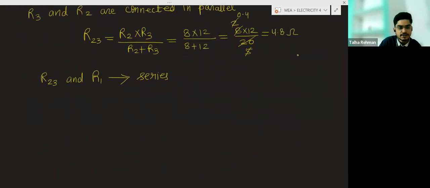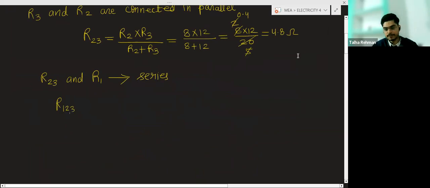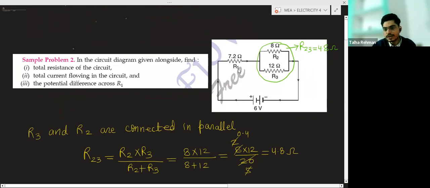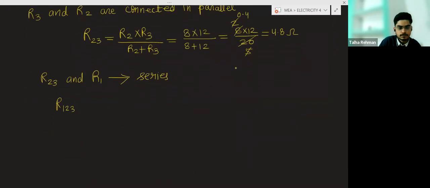I can write it as R123, which is basically the equivalent resistance of R23 and R1. It will be R23 plus R1 because they are in series. In series, we add resistances. So it will be 4.8 plus 7.2, which is 12 ohm.